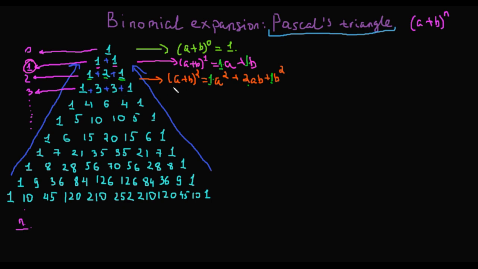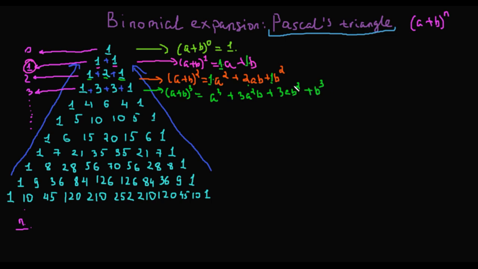If we continue, the third order is (a plus b) cubed. Again, let's assume that we know the formula. This should be a cubed plus 3a squared b plus 3ab squared plus b cubed.